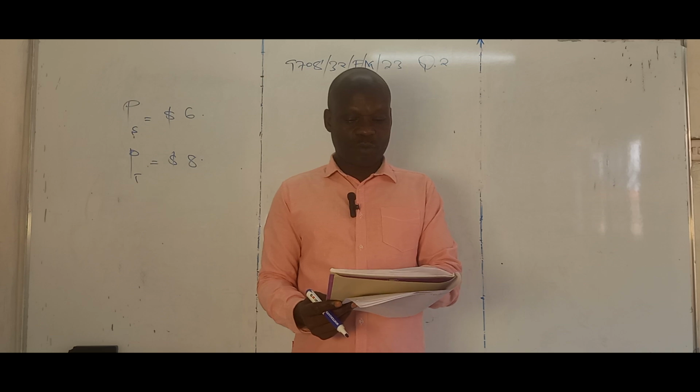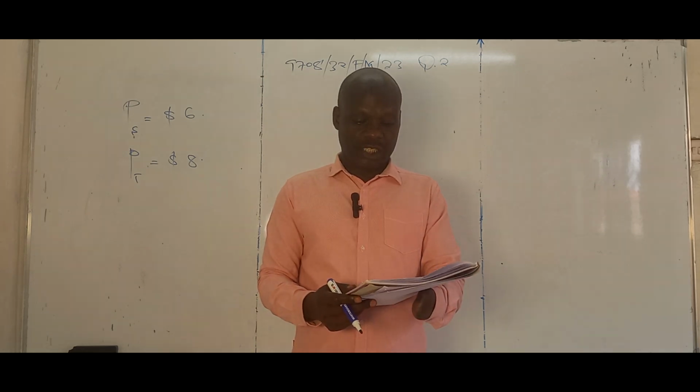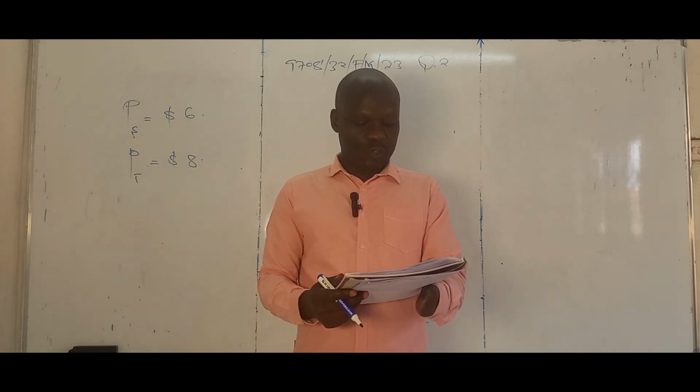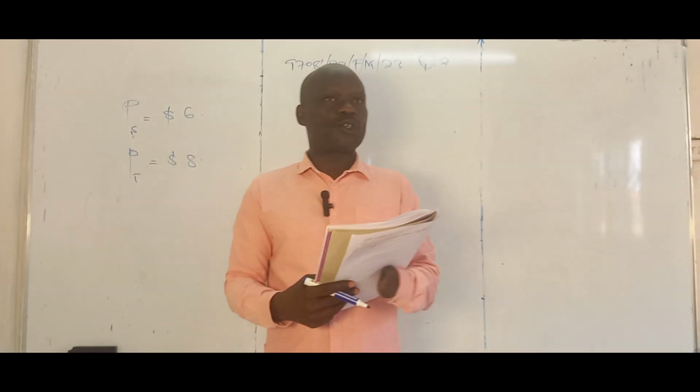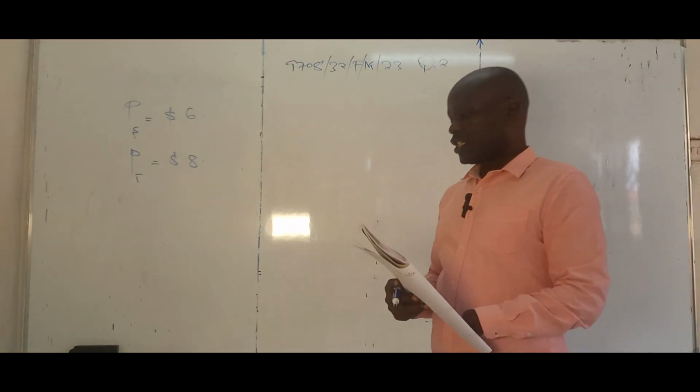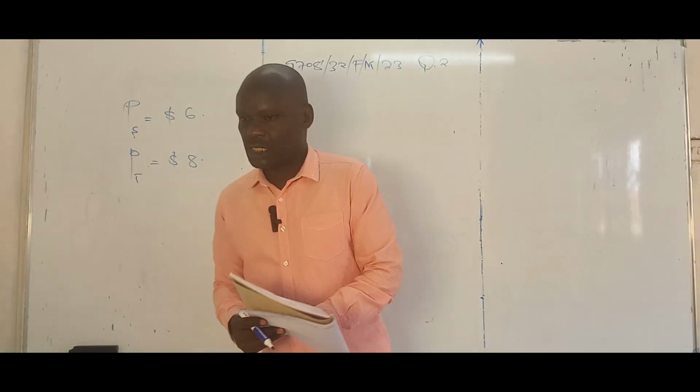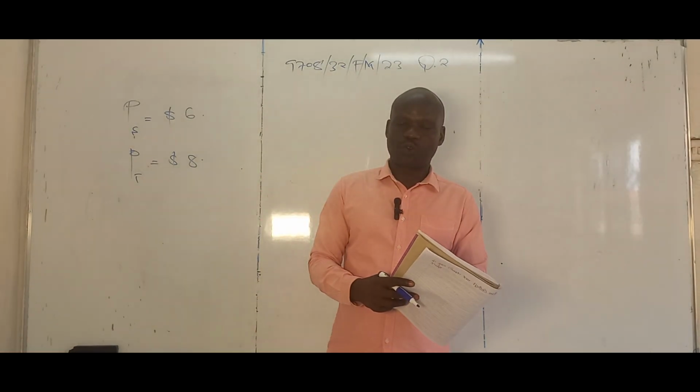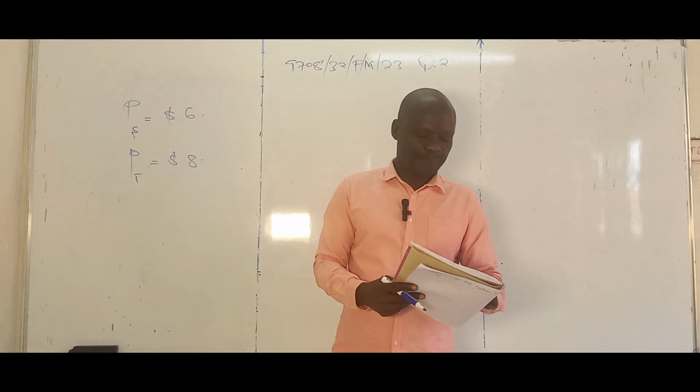Now, if this consumer wants to maximize total utility, which combination of goods would they consume? First, what do we mean by utility? Utility is the amount of satisfaction that one derives by consuming a commodity.